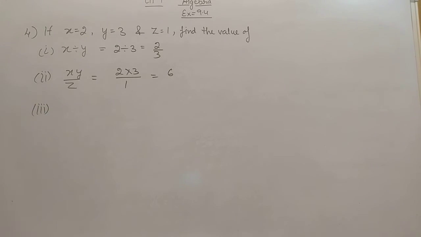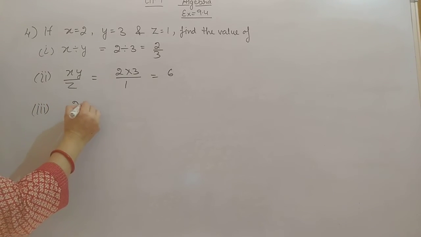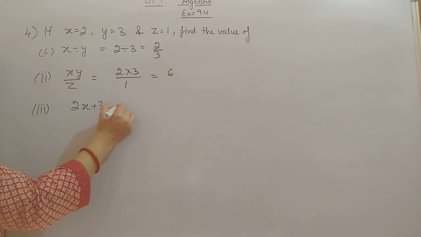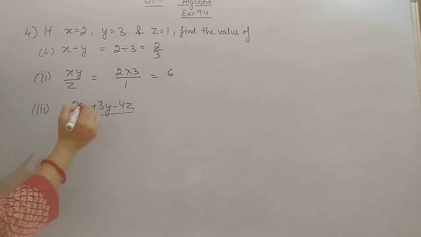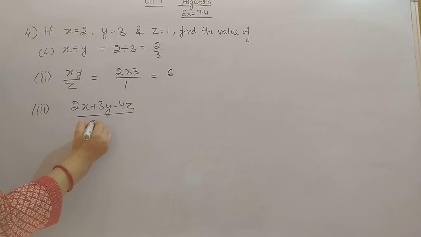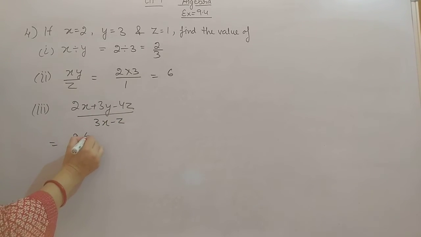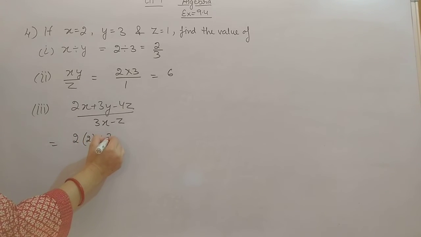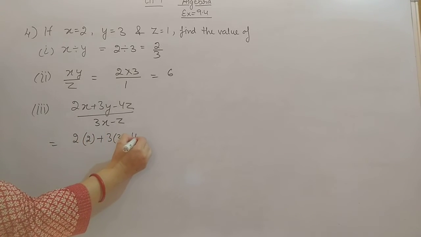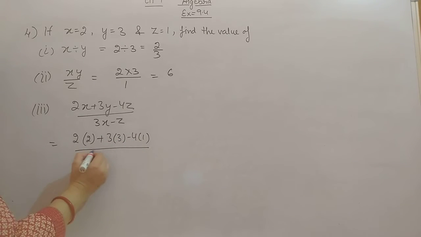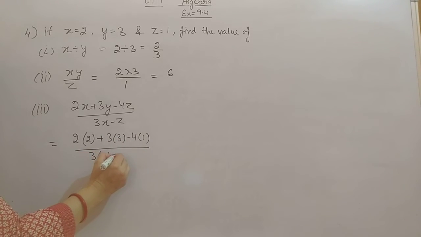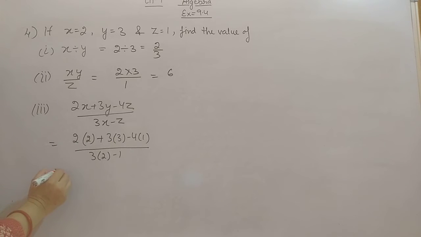Next, third part, 2x plus 3y minus 4z divided by 3x minus z. So substitute values here. 2 into 2 plus 3 into 3 minus 4 into 1 by 3 into 2 minus 1. 2 into 2 will become 4. 3 into 3, 9, minus 4 by 3 into 2, 6, minus 1.